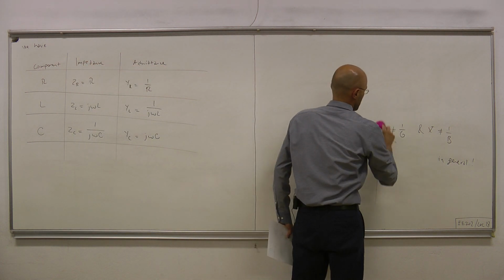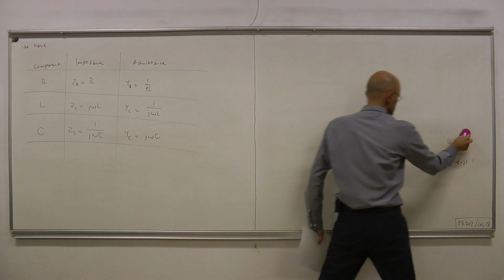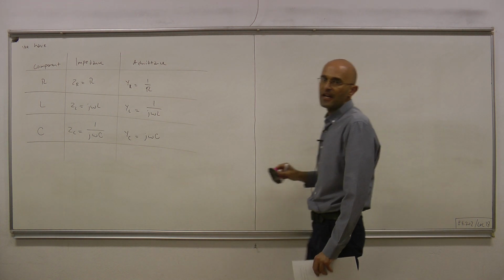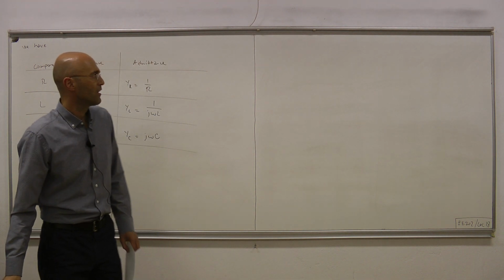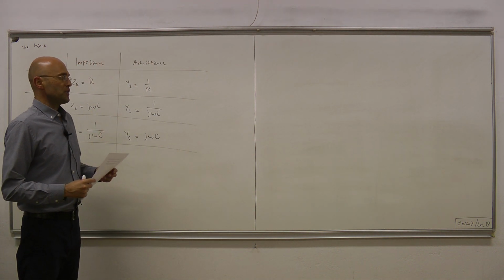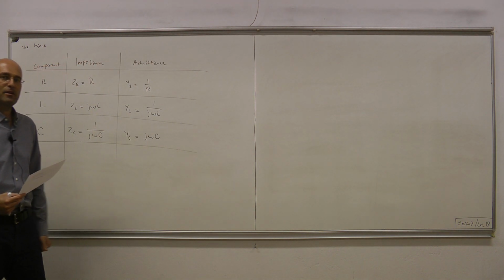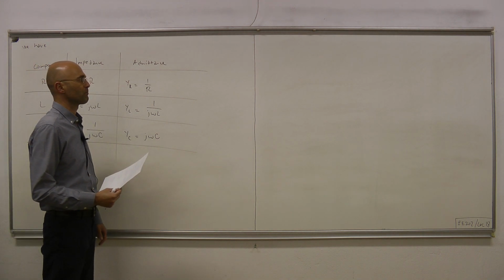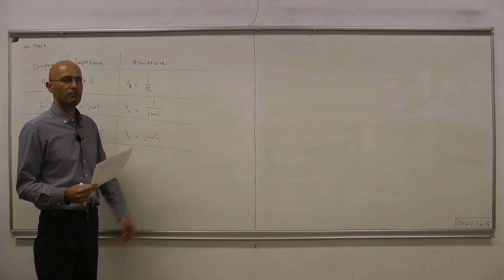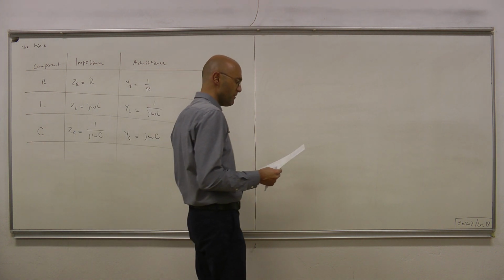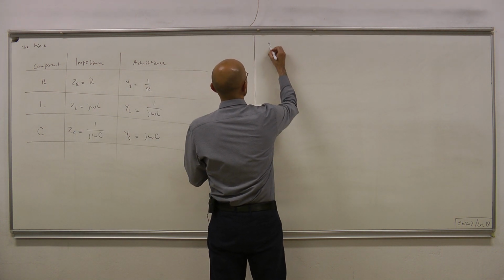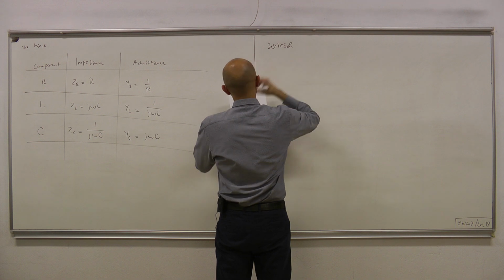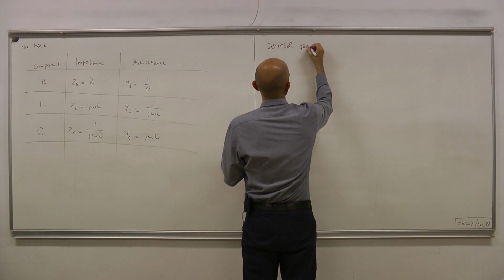Since that holds, plus we know that KCL and KVL hold in the phasor domain, that allows us to carry certain things that we're familiar with from LTI resistive circuits to the phasor domain. For instance, series and parallel connections.